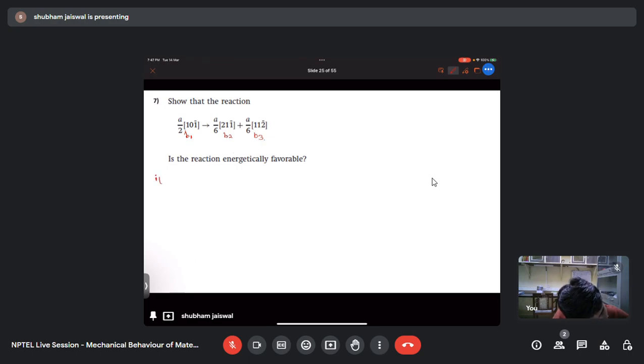So if B1 square is greater than B2 square plus B3 square, the reaction is energetically favorable. Now try to answer it.